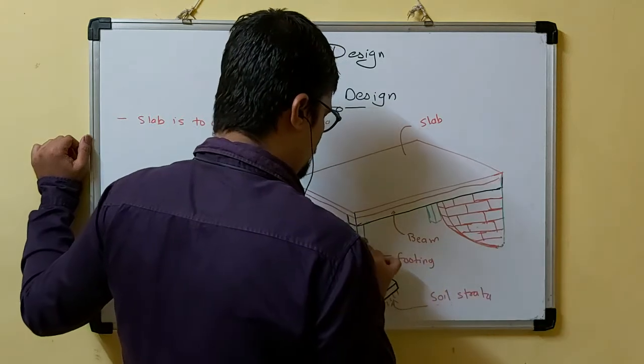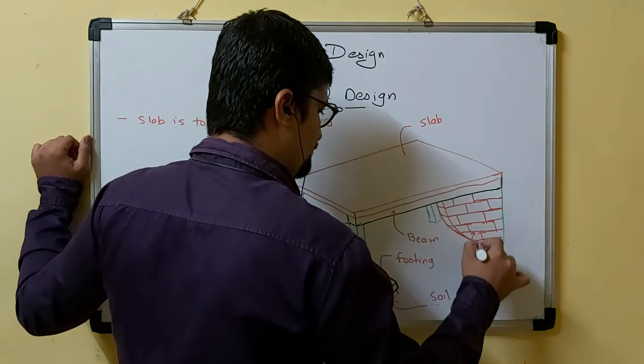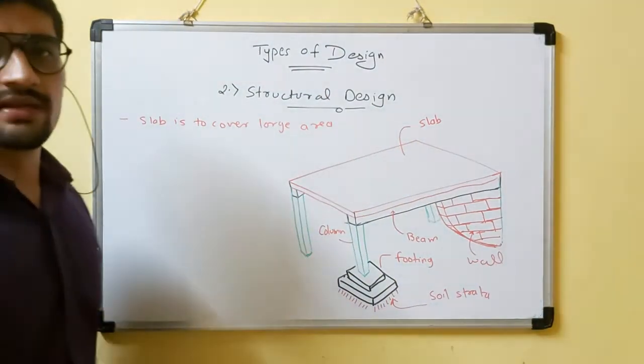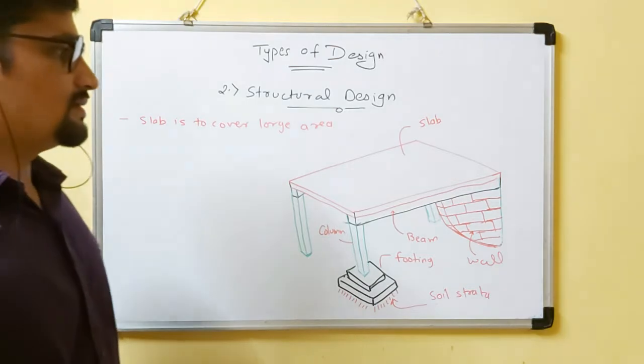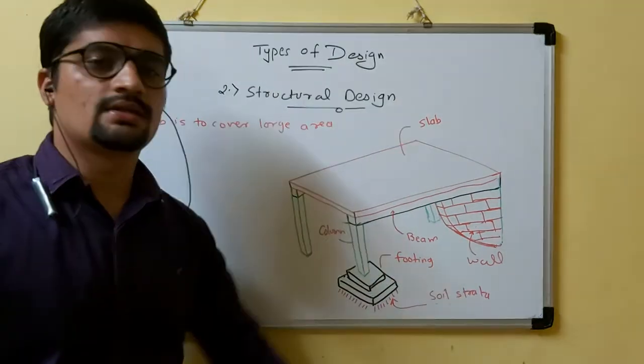Here it is column. And this, the wall. This is one type of load bearing structure. It consists of slab, column, beam, footing, wall, and soil strata.